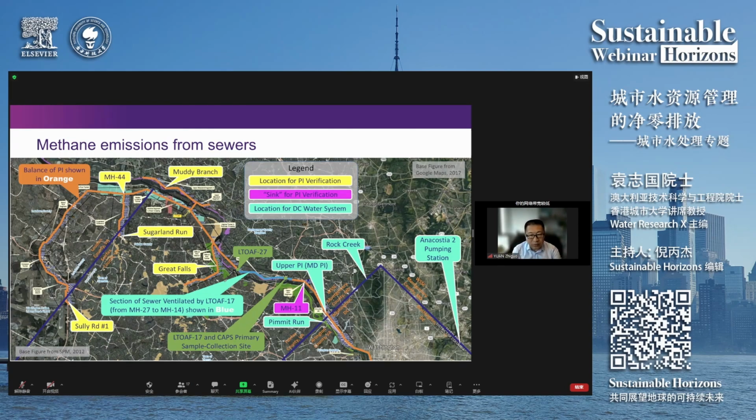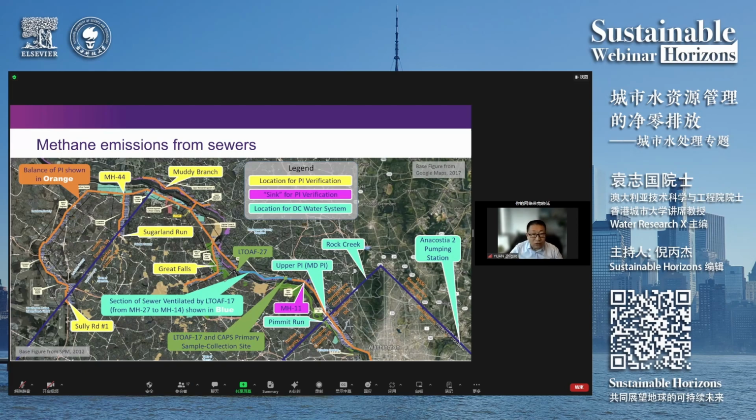It's impossible to measure the methane flux across a network. So modeling becomes an important tool for quantifying that emission. But even constructing models for large networks, like a network for an entire city, is a very big task, very difficult to do, and very costly.